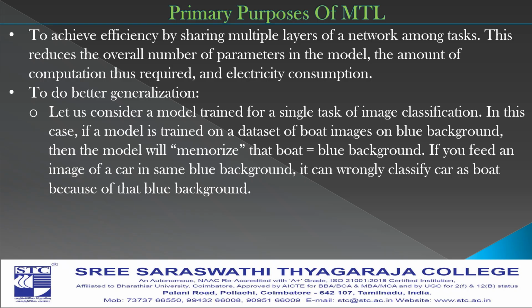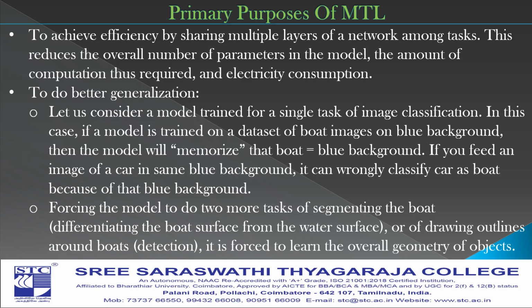And this is the case when just one network is built for different tasks. Now assume that we have a unified model, where we force the same model to do other tasks. Recognizing the boat is image recognition, but assuming that we train the same network to do two other tasks as well.